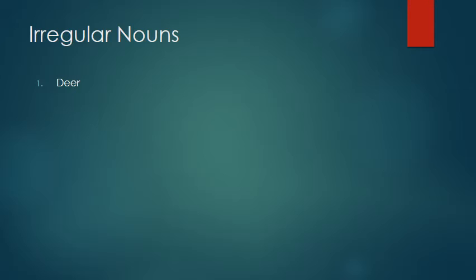So this one here is deer, and the plural of this, if you look on the tables, is deer. Tooth, teeth. Child, children. Jeans, jeans. This is one that doesn't change.